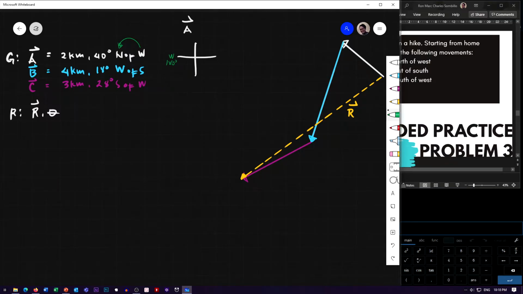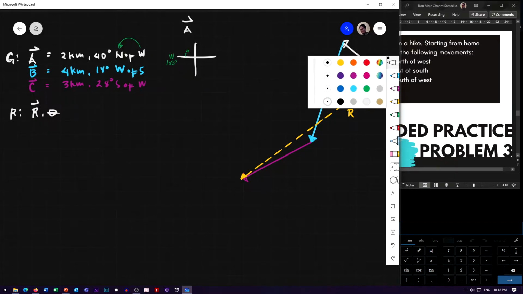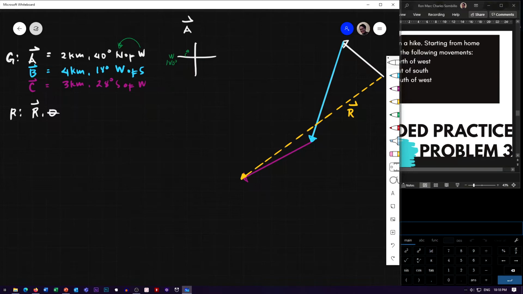How many degrees? 40 degrees. So we're going to do that like this. We're going to denote it with a white line since our vector A is white. Let's change the thickness like this. There. I'm not gonna be too precise on this, as long as you can see.